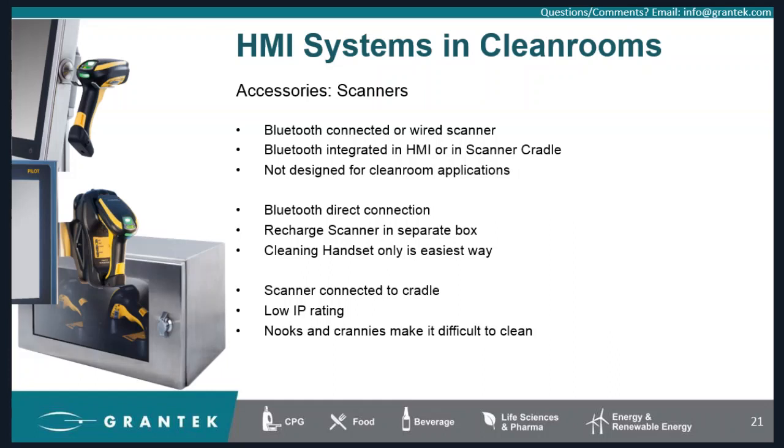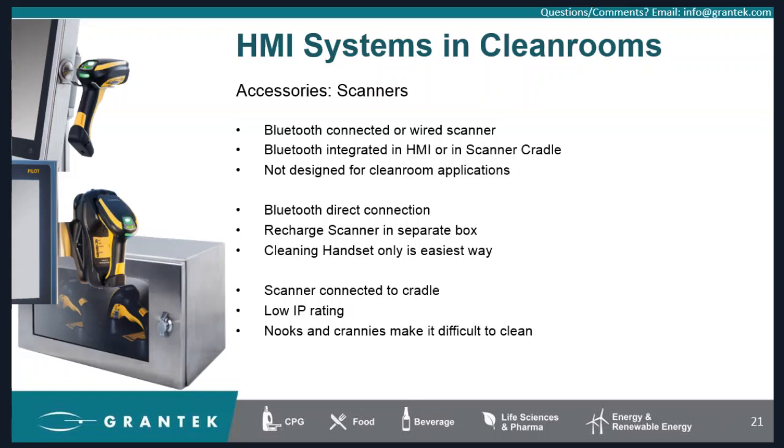There is a much better improvement in regards to the design than what we see with the label printers themselves. That means that the scanners are, if you look at just the hand piece in itself, easier to clean than the whole scanner cradle.